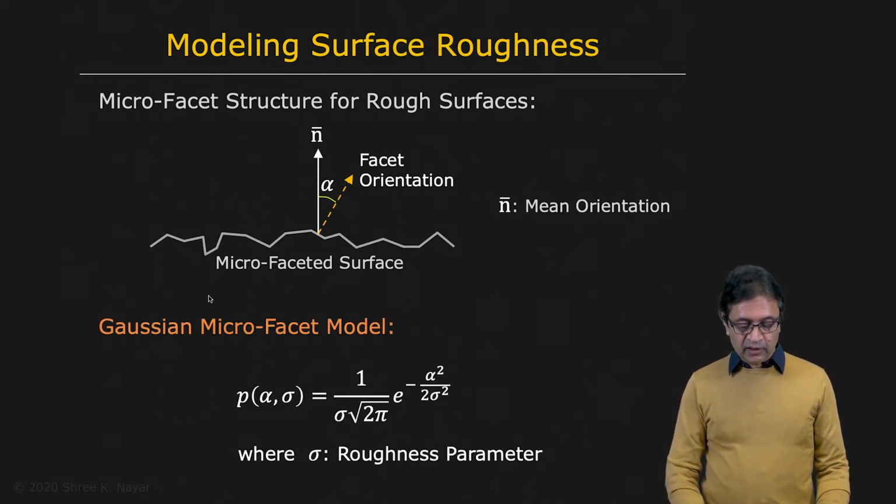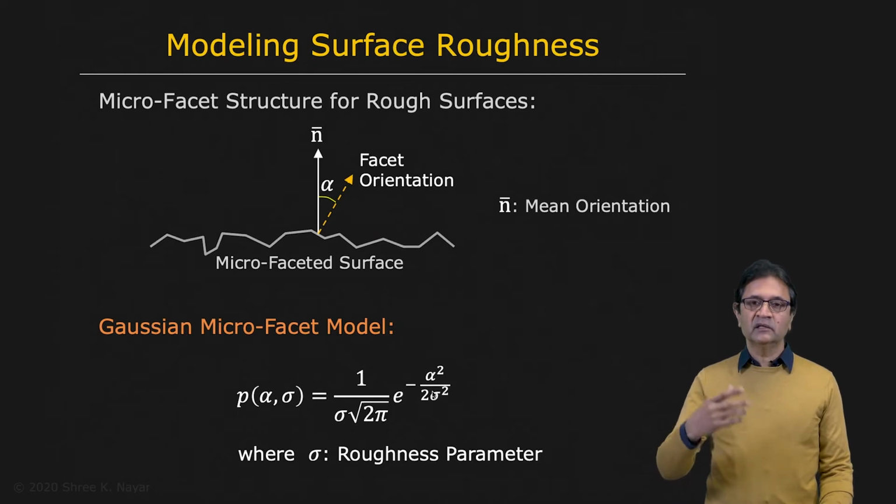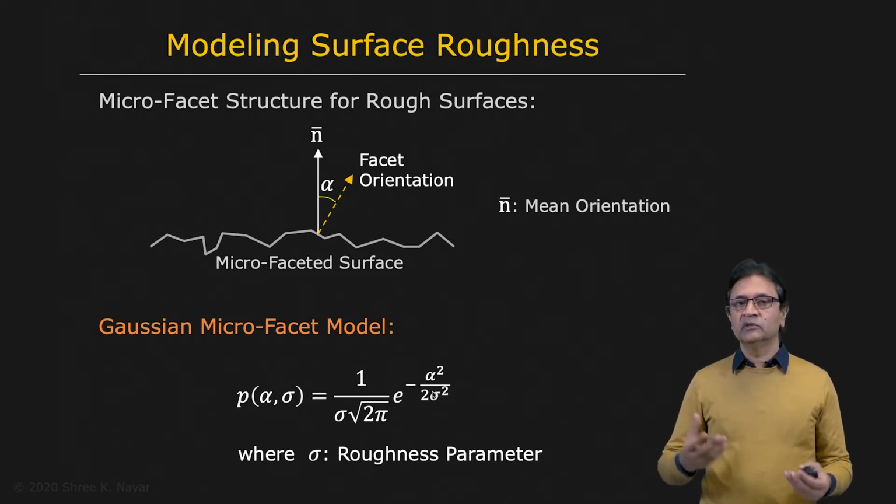In particular, the Gaussian microfacet model uses the Gaussian distribution, where the alpha, or the tilt of each one of these facets, is described by the Gaussian function. And it has a standard deviation sigma right here. So the greater this value of sigma, the more rough the surface is going to be.